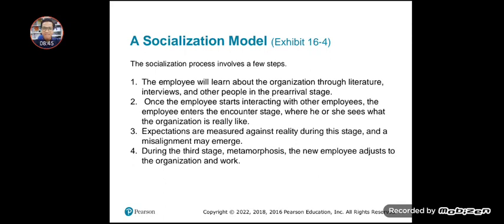The socialization process involves the few steps in the previous exhibit, and I hope you can look into the connectivity between each of the sub-processes.